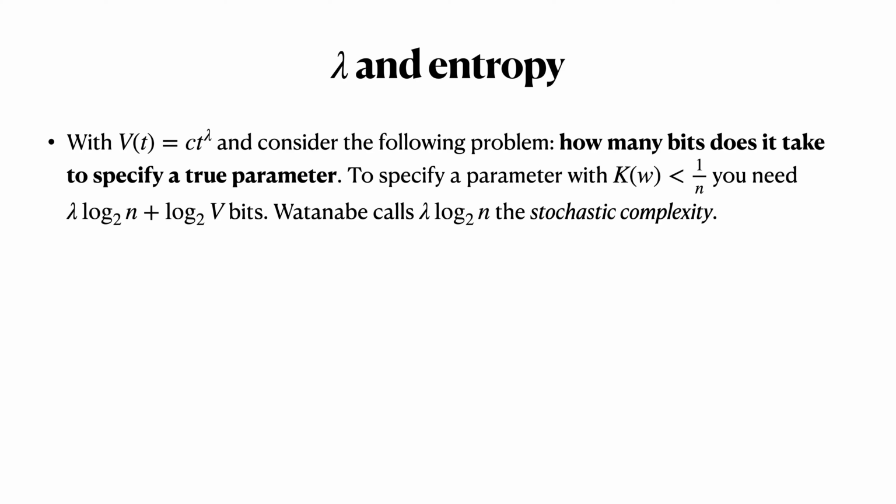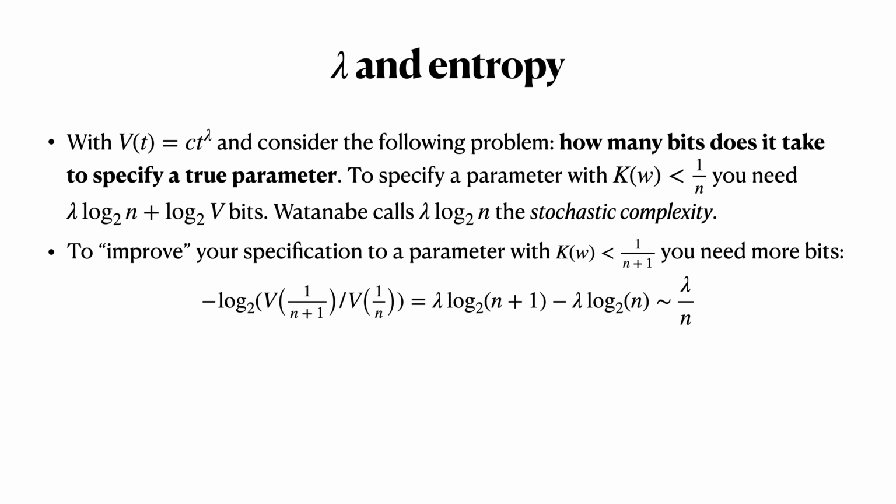So to specify a parameter with K(w) less than 1/n, you need lambda log n plus log v bits, up to the difference between log n and log base 2 n. That's the stochastic complexity, the product of the learning coefficient and log n. So this is an entropy interpretation for that.